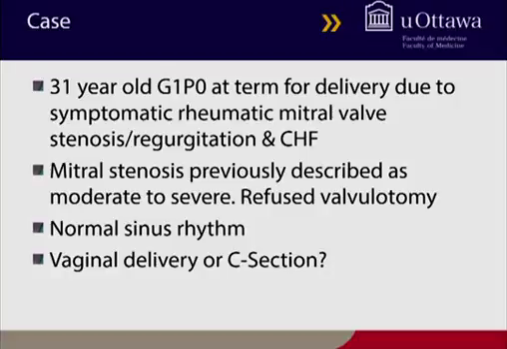The mitral stenosis was previously described as moderate to severe. Unfortunately, she refused valvulotomy during the second trimester because of the potential radiation exposure. And she was still in normal sinus rhythm, which was a good thing.